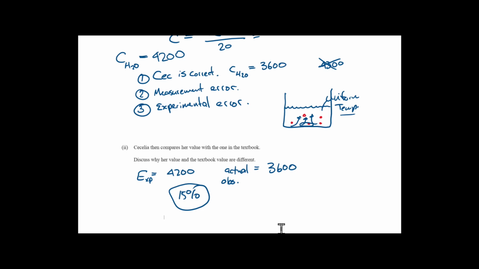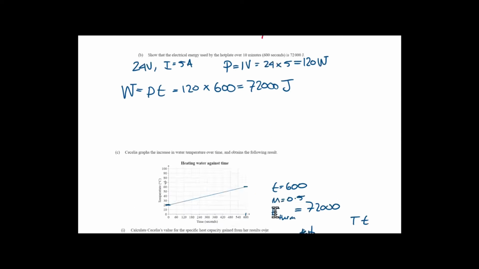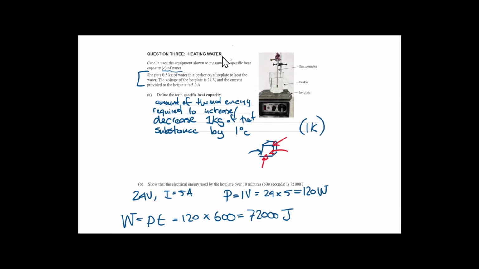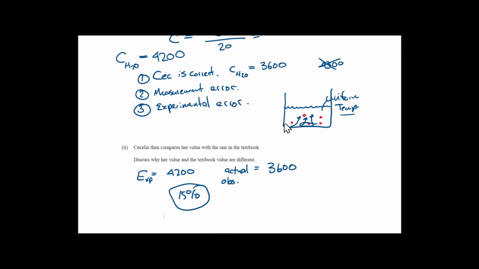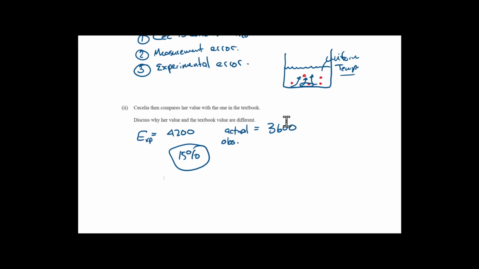It is a very, very established physical constant, and the chances that some person in a New Zealand Year 11 science classroom has disproved that is unlikely. It's possible, but very, very, very unlikely.